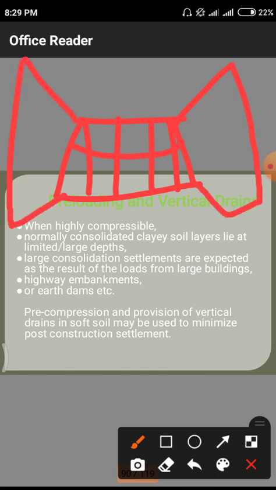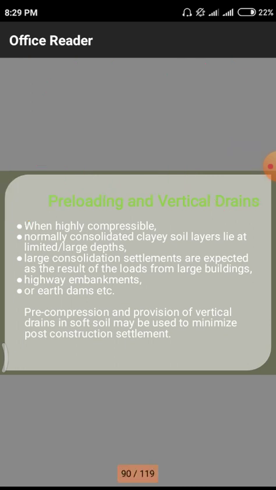At the back side of the dam is a huge water storing structure, so the dam looks like that. These two are embankments 1 and 2, so we need to use these preloading techniques and vertical drains on the embankments in the case of dams and others. This is the explaining point.